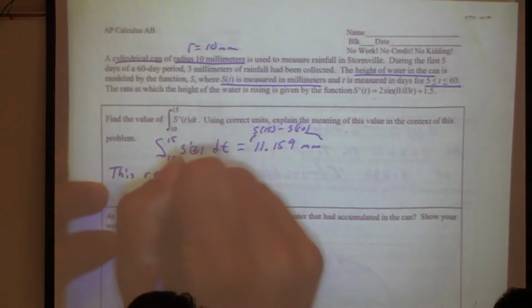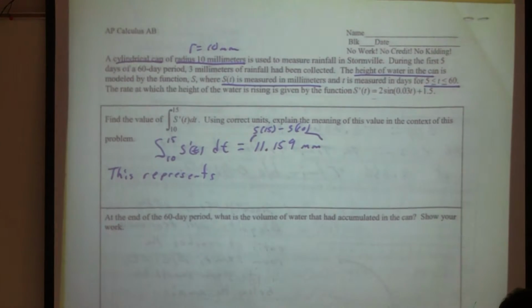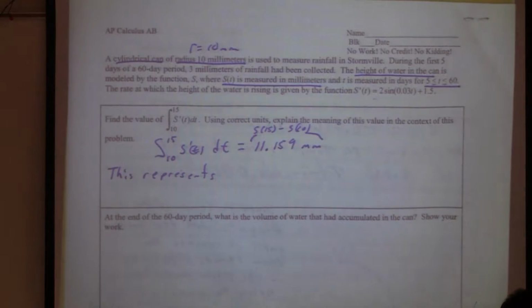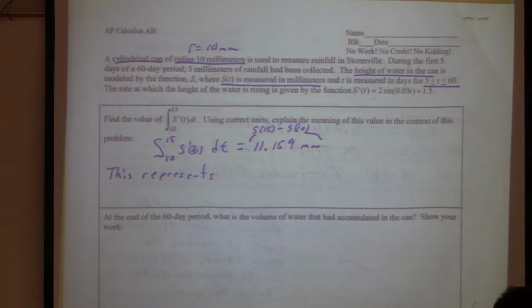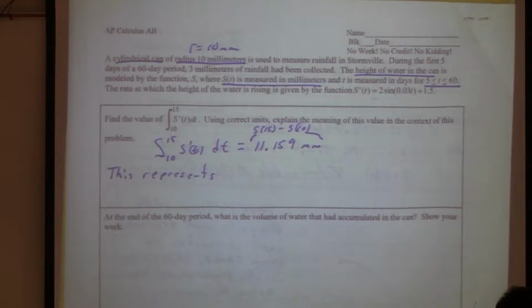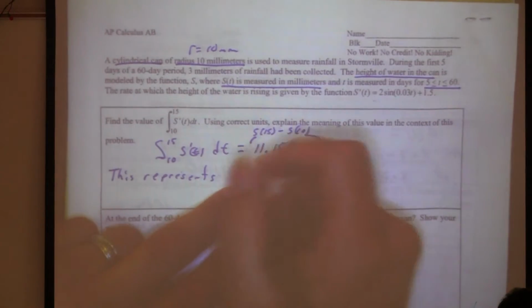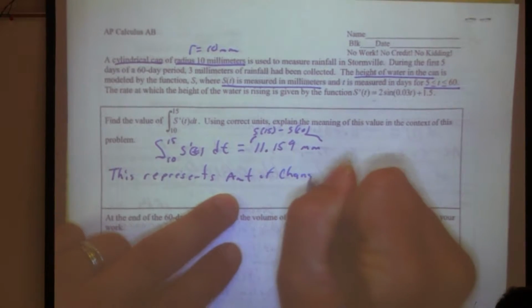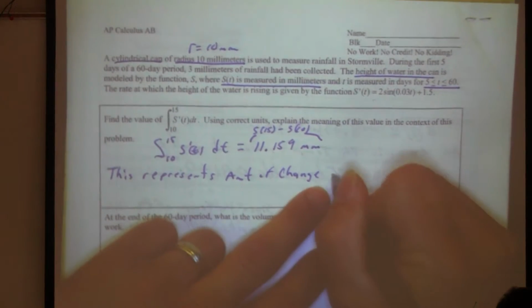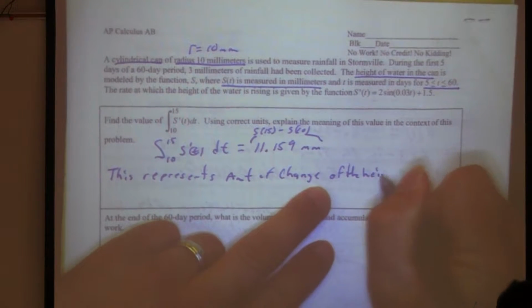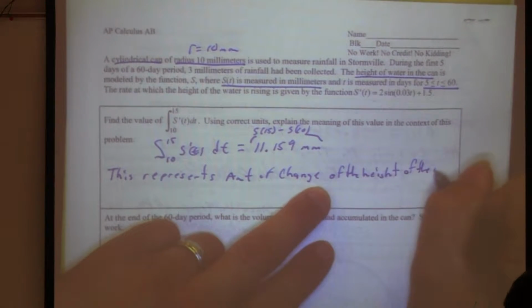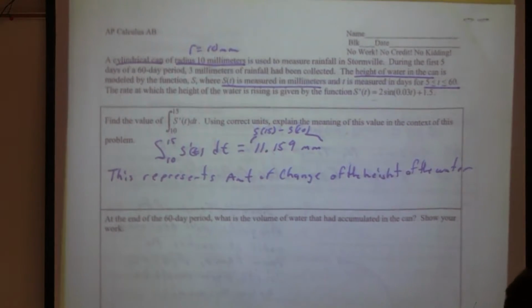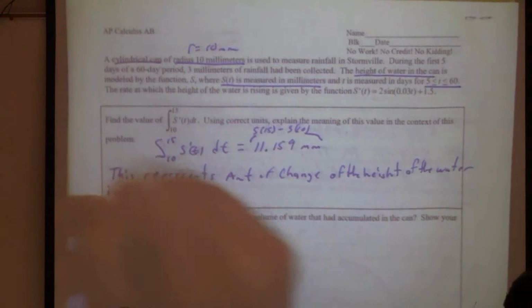This represents, so this isn't talking about the amount of water in there, because it's not a volume, right? It's not cubic millimeters or anything like that. So, remember, it represents the height, that's what S represents. So it's telling us the change in the height of the water in there, from that interval. So this represents the amount of change of the height of the water in the can, in what units?